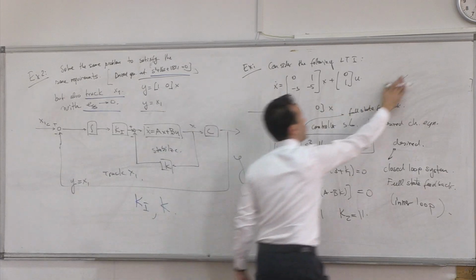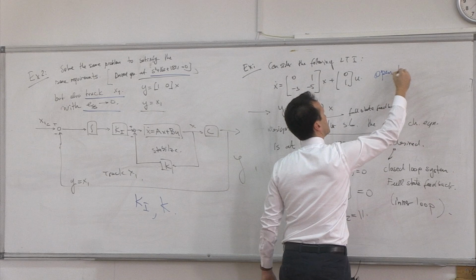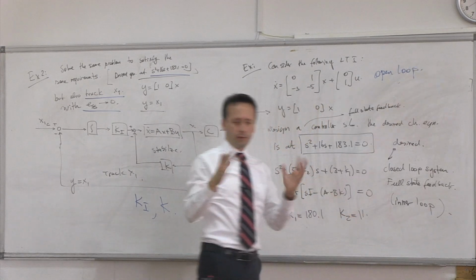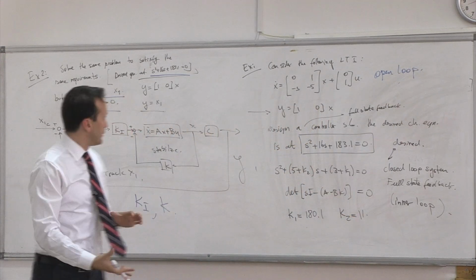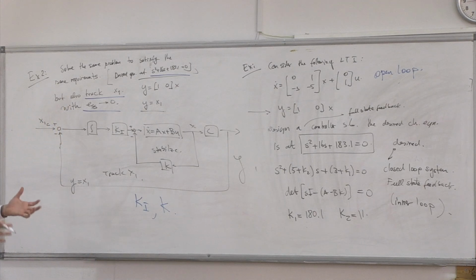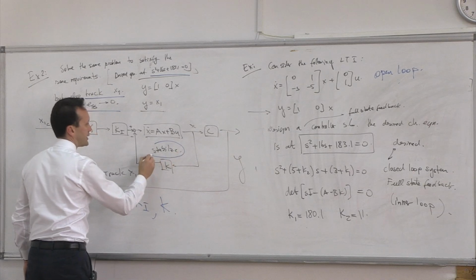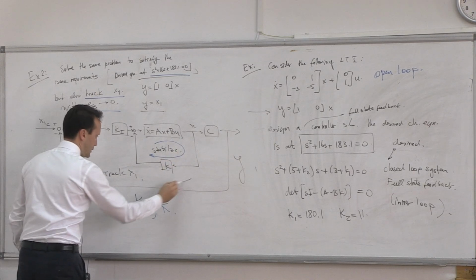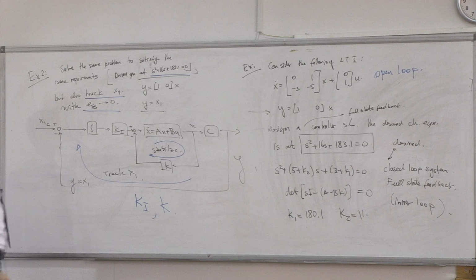This is the open loop. So you have now everything kind of coming together. Open loop, feedback gain, stabilize, and track x1. This loop here stabilizes the system. This loop here tracks x1.